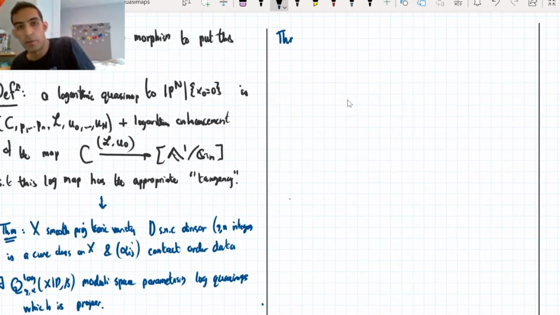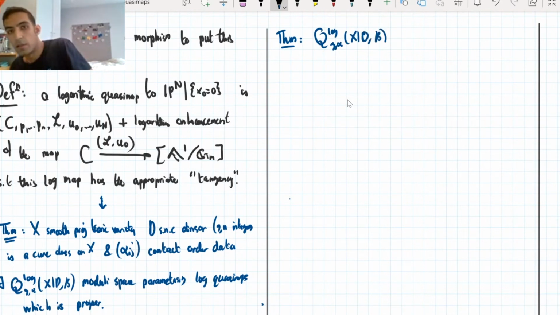And moreover, this moduli space is virtually smooth.